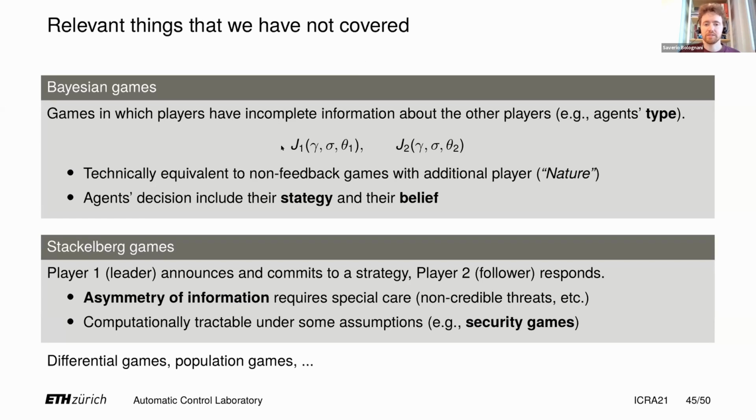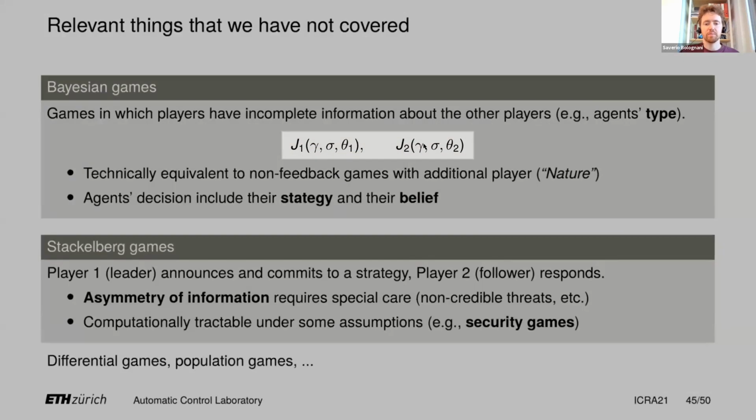One is Bayesian games. Bayesian games are games where there's something about the other players that you don't know. This is typically called the agent's type, theta here, right? So for example, the cost function for player one and player two depends, the outcome depends of course on the actions of player one and the actions of player two, but also on some parameters theta one and theta two, which are not known to the other.